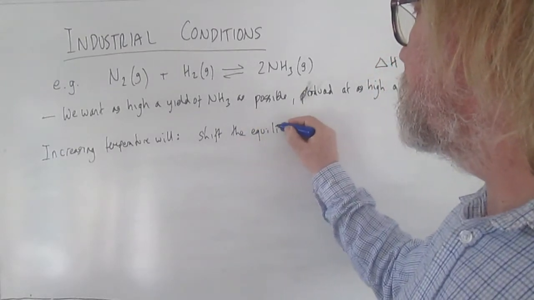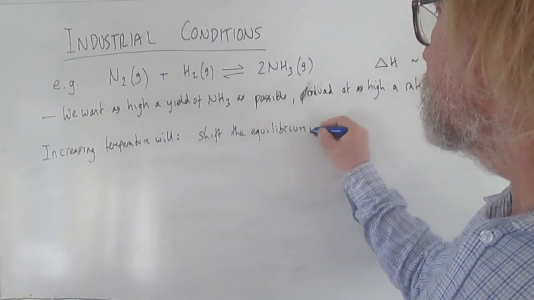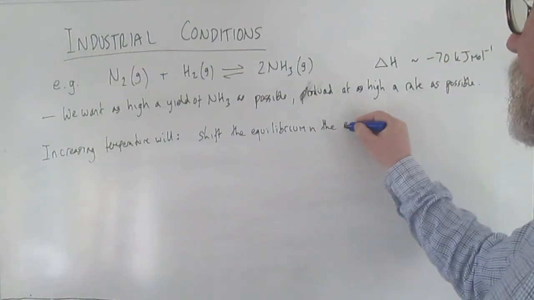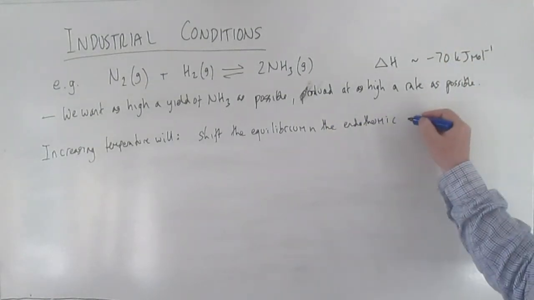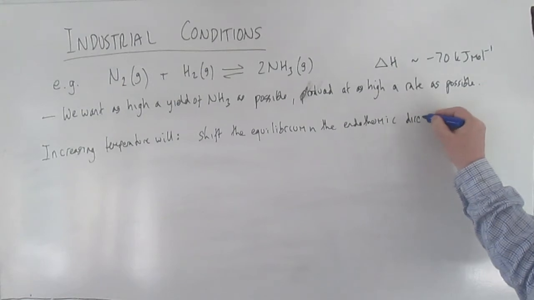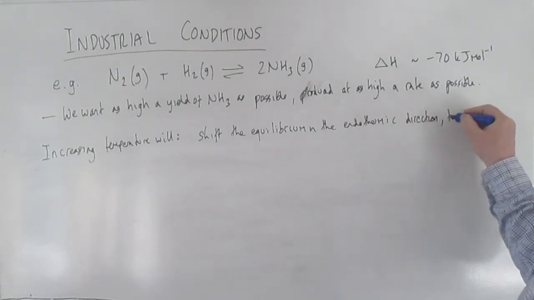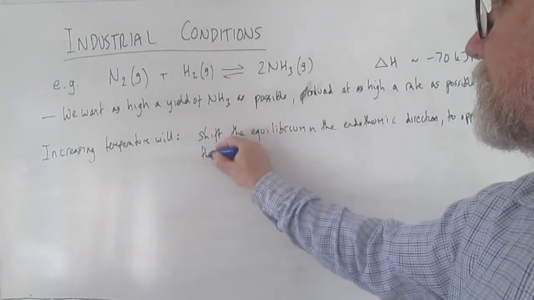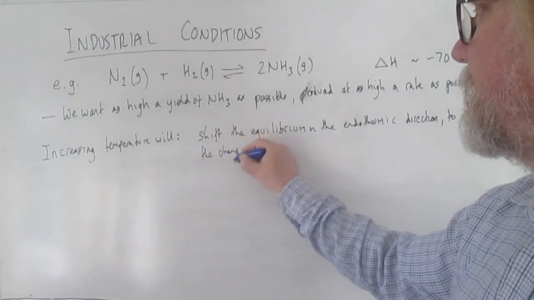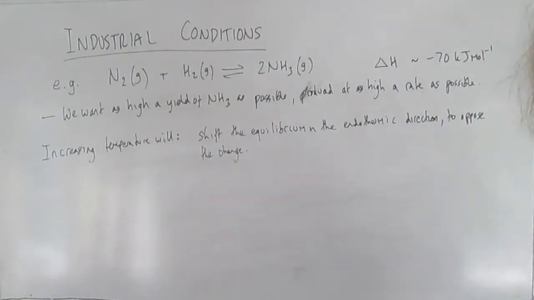Remember, that's what Le Chatelier says. And always use the Le Chatelier language. So shift the equilibrium in the endothermic direction to oppose the change. So we're taking heat away in order to oppose the temperature increase.